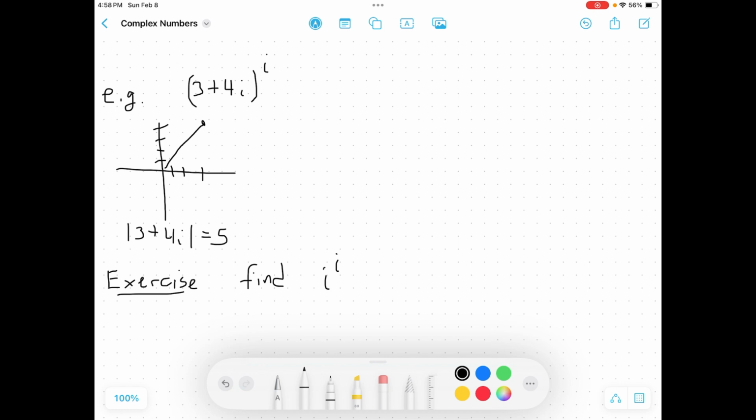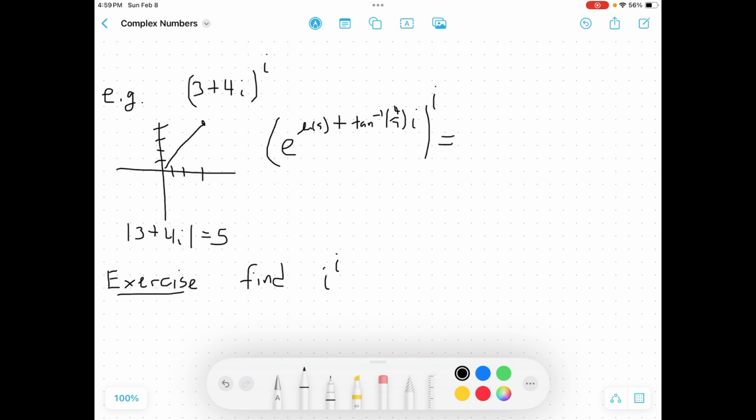So in order to get that into polar form, we would say that this is e to the, modulus is 5, e to the a is 5, means that we'd have e to the ln of 5, and then plus our angle, which is not pleasant, but tan inverse of, opposite is going to be 4, that times i. We want to raise that to the ith power.